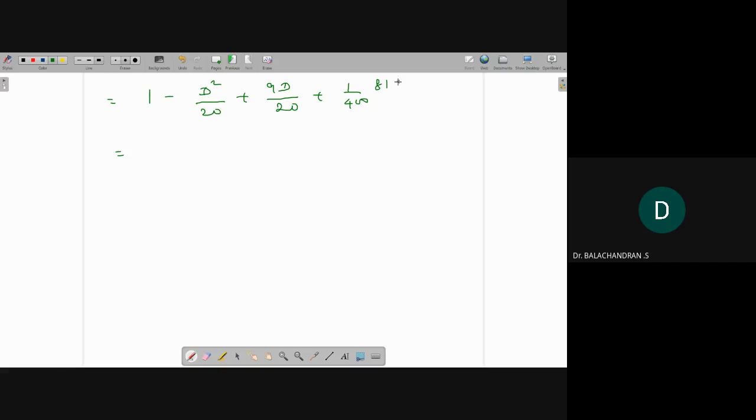So 81 d square into x square. Now first I will simplify this. So you will get 1 plus 9d by 20. If you take 400 as LCM, you have minus 20 plus 81 d square.